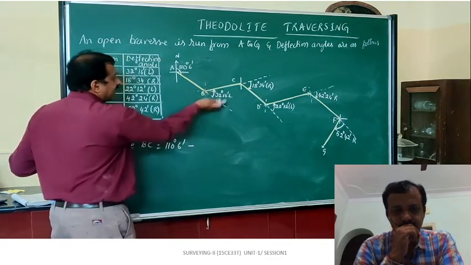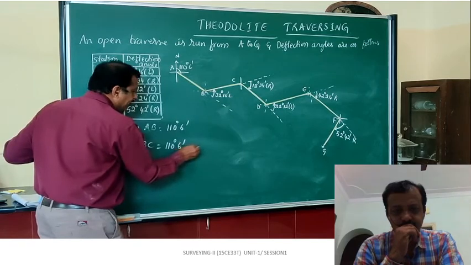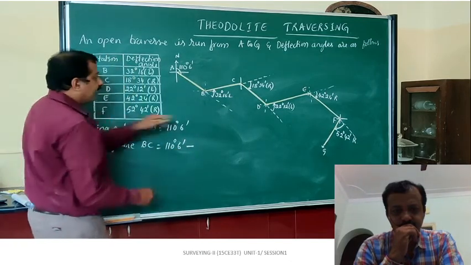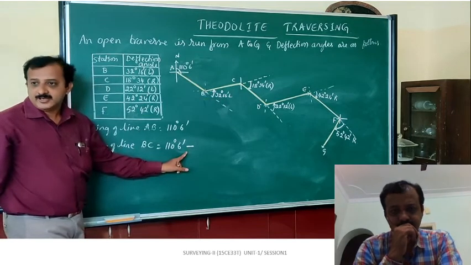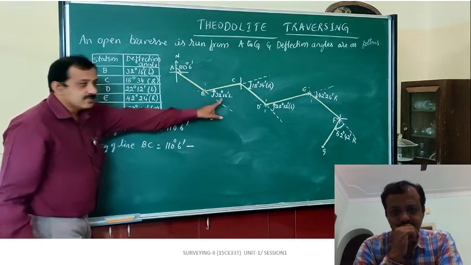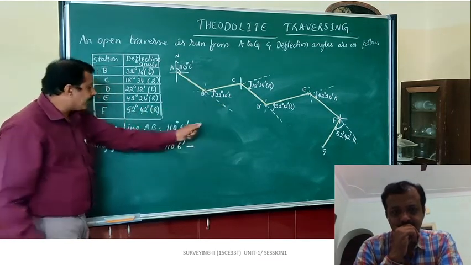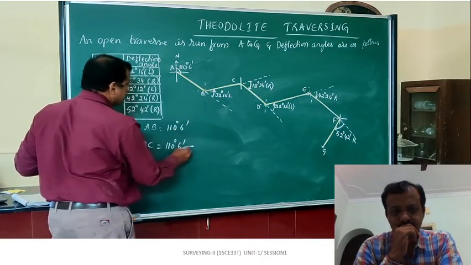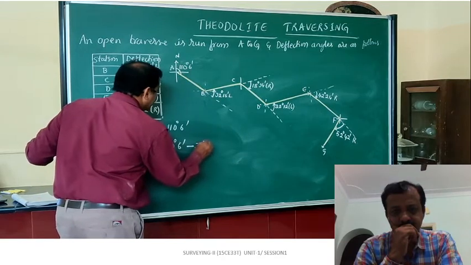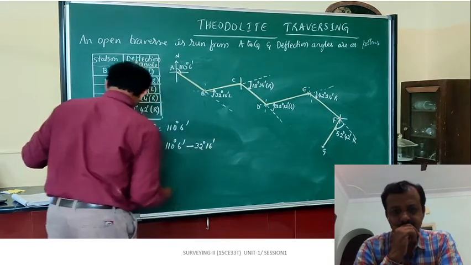Since the deflection angle is to the left, I am going to subtract it from the previous bearing. That is 110 degrees 6 minutes minus 32 degrees 16 minutes.